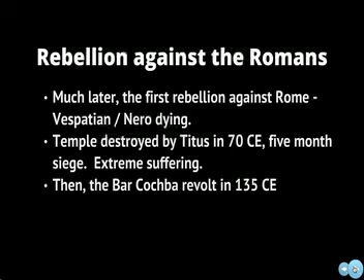When Nero died, Vespasian had to go back to Rome to take care of some things, and the Palestinians saw this as a sign from God that God was on their side and was going to deliver them from the Romans. But Titus came back. The general Titus came, and he laid a five-month siege to Jerusalem, ending in 70 CE.